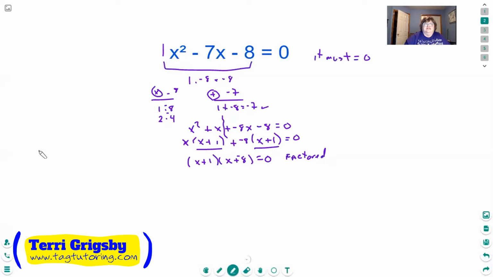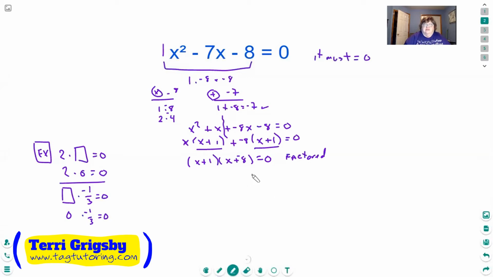Just as an example to show you as an aside, if I had 2 times something and I wanted it to equal 0, what would I have to multiply 2 by? Well, I'd have to multiply by 0, wouldn't I, to get 0 out? What if, as another example, I had something times negative 1/3 has to equal 0? Well, still, wouldn't it have to be 0 times negative 1/3 to be 0?